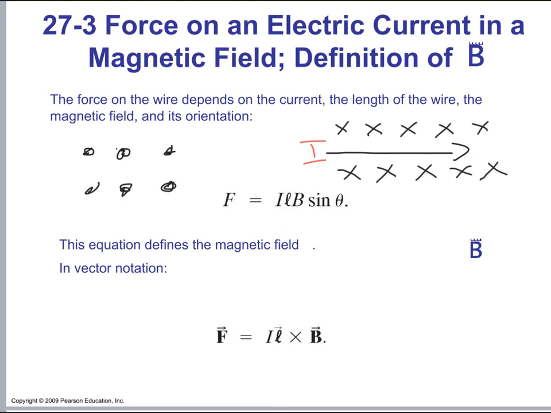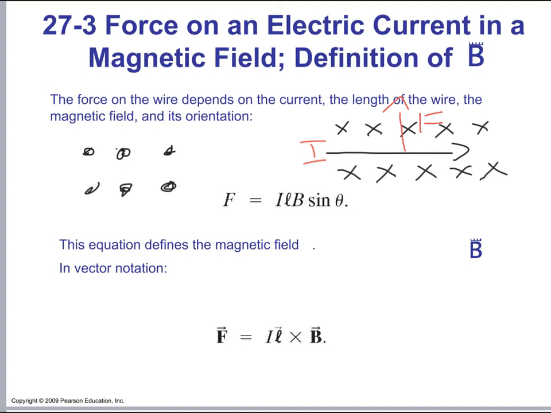I'm going to line my fingers up with that. So if I do that, my thumb's going to be pointing up. Now, if I then rotate my fingers towards the magnetic field lines, which are pointing into the board, so I'll rotate my fingers 90 degrees so that my fingers point into the page, my thumb is still going to be pointing up, and that's going to be the direction of the force. So the force is going to have a direction pointing up. How do I know that?